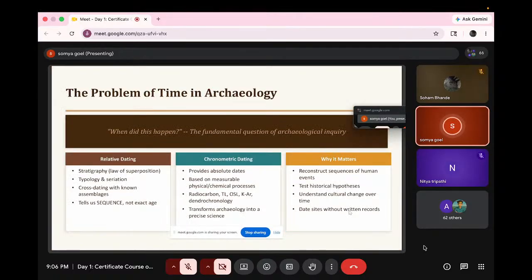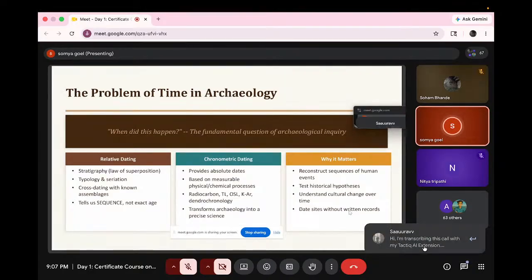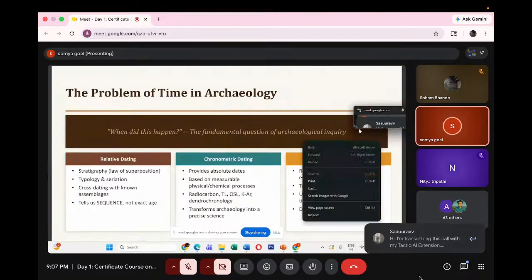So I'll begin with a very fundamental question: why does dating matter at all in archaeology? Now think that you're all at some site, any site of your choice.